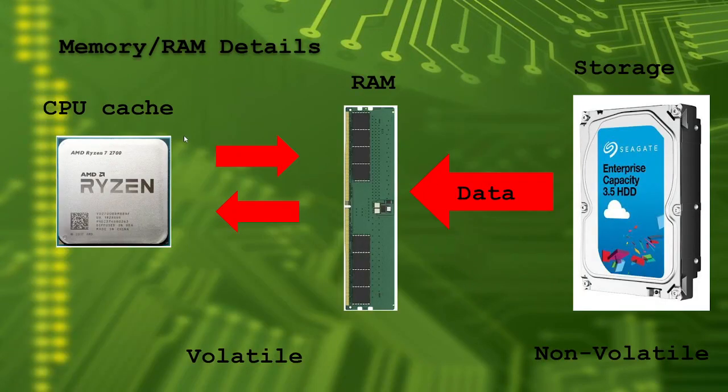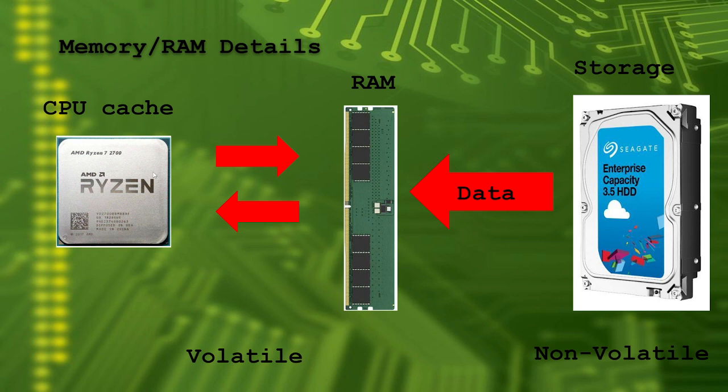So, memory, RAM, details. Your storage is for long-term holding of your data. The interlink between your storage and your RAM, while fast, is not the fastest interlink. Storage is what is known as non-volatile, meaning when you power down your computer or completely unplug it from the wall, your data is stored. It will not be lost.